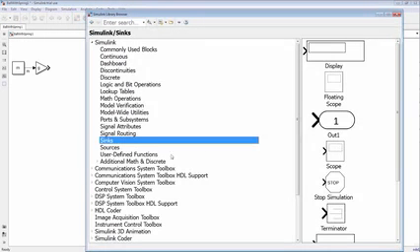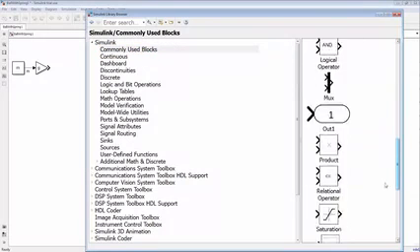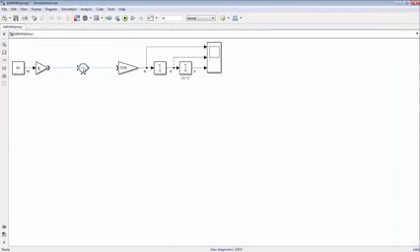The sum block is in the library Commonly Used Blocks. Here it is. One summand is the old gravity force, and the next summand we have to deal with very soon: the force caused by the spring. This will be our new complete force F.